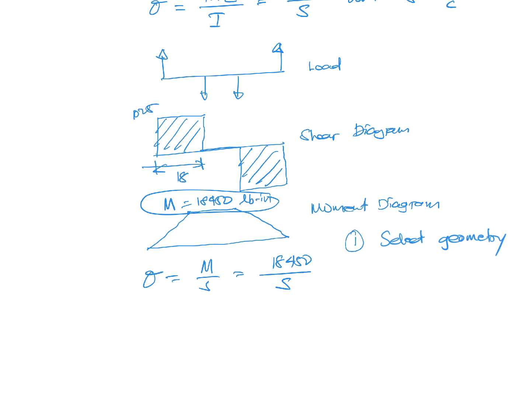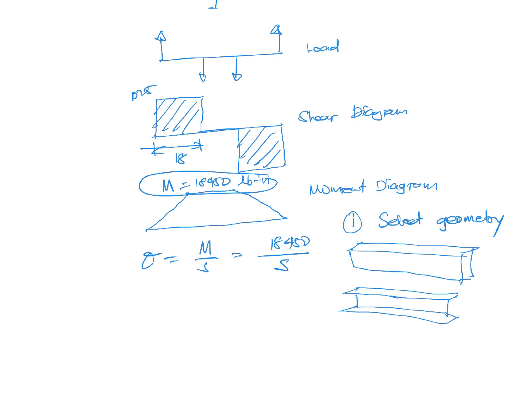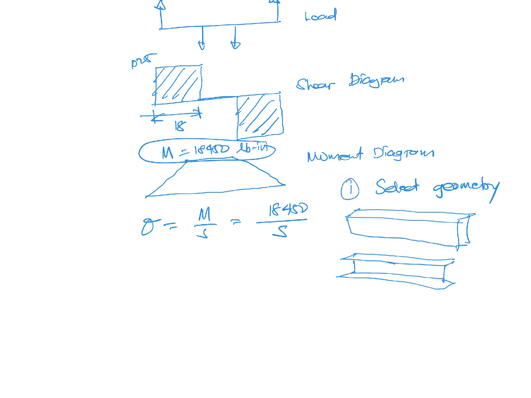In this case, for example, if we have the bar here, that's the length of the bar, we could select a rectangular cross-sectional area, or you could select an I-beam, or you could select a round bar.